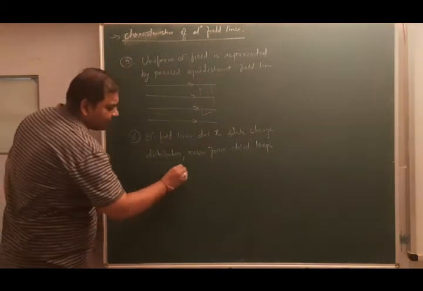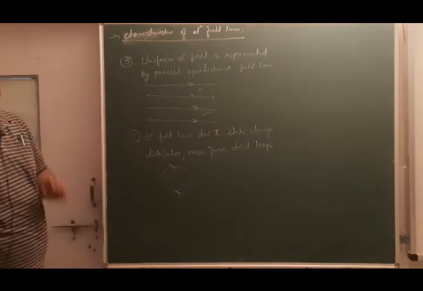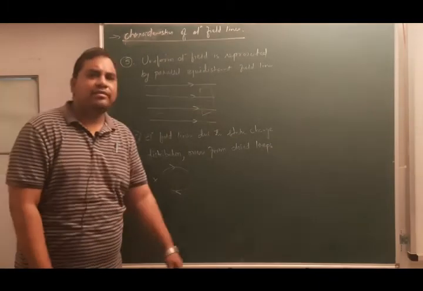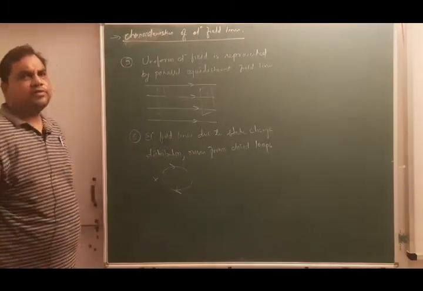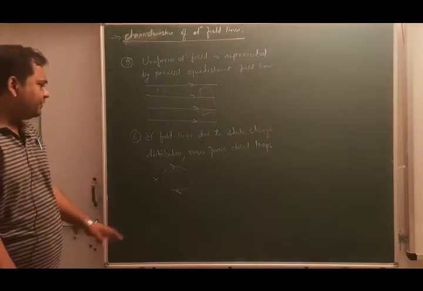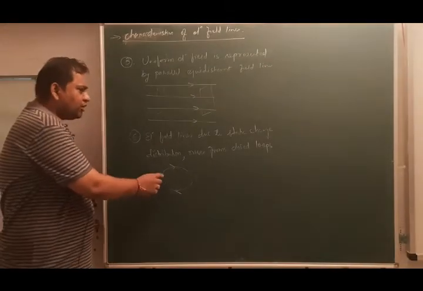You cannot have this kind of electric field lines due to static charge distribution. It is not possible. If your four charges are at rest and they are producing electric field, you will never have such arrangement of electric field where they form closed loop. So this is not possible.